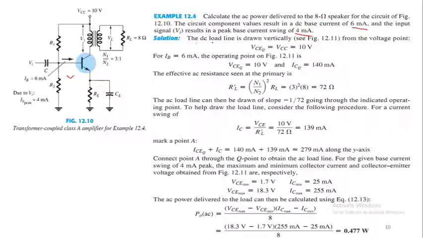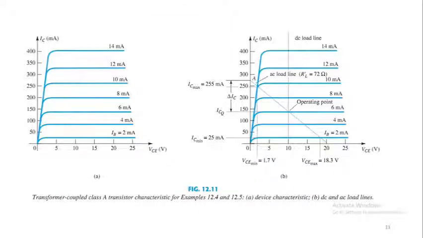तो सबसे पहले आप इसका डीसी एनालिसिस करते हैं और Q पॉइंट फाइंड करते हैं.